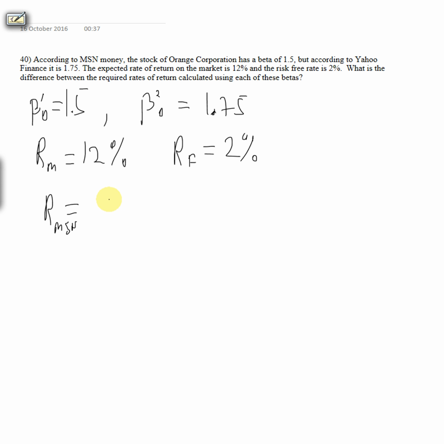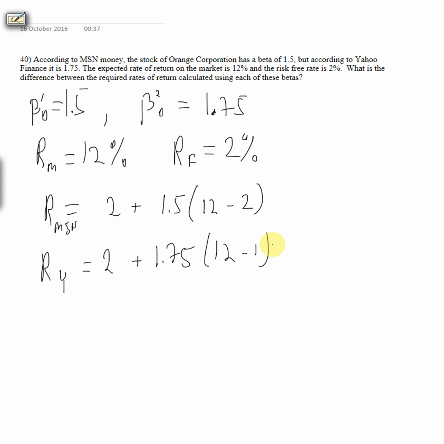In that case it will be 2 plus the MSN beta, 1.5, times the market risk premium, 12 minus 2. Now the required return according to Yahoo's beta will also use 12 minus 2.